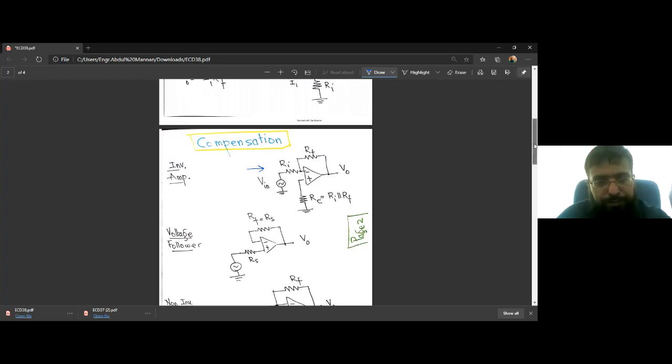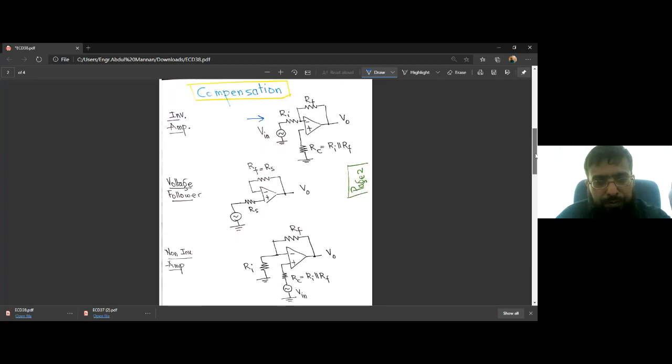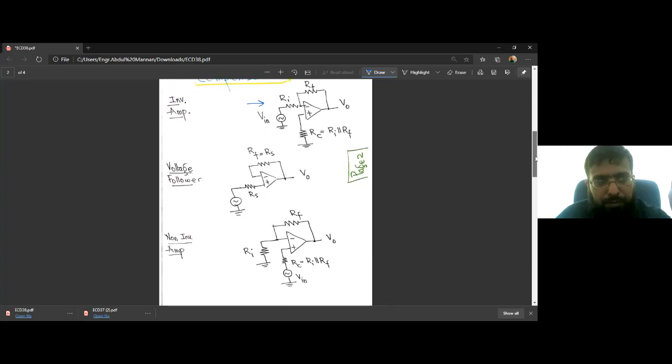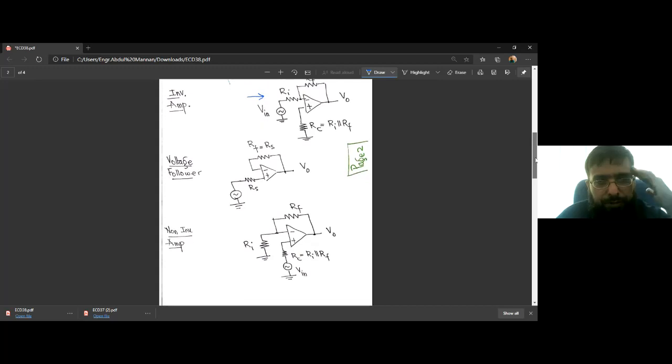For a voltage follower circuit, we have to have a feedback resistor Rf that is equal to Rs. This resistor Rs is the internal source resistance of this Vin source.